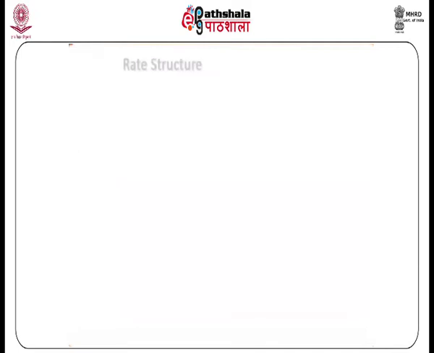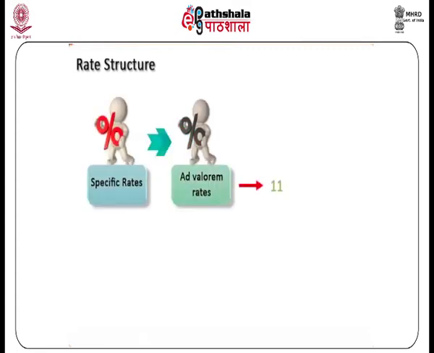Based on the recommendations of the Kelkar and TRC committees, rate structure was gradually rationalized and exemptions were curtailed. As a result, in 1995-96, the excise duty rate structure comprised of 11 ad valorem rates ranging from 0 to 50%.